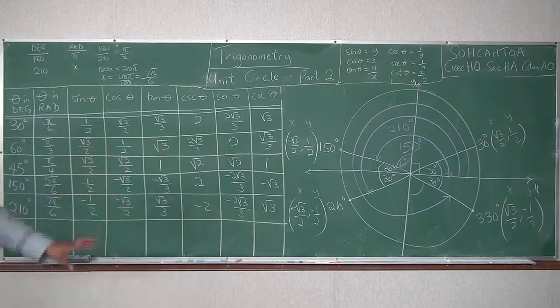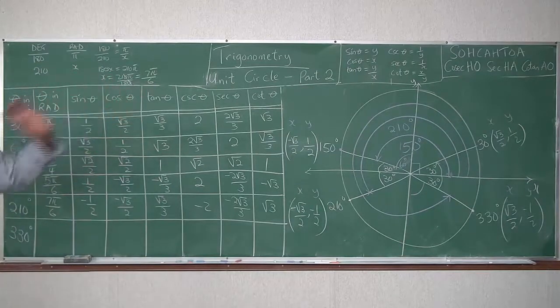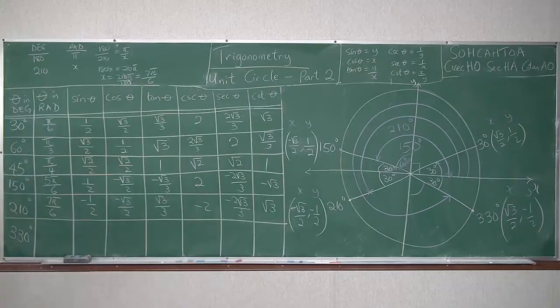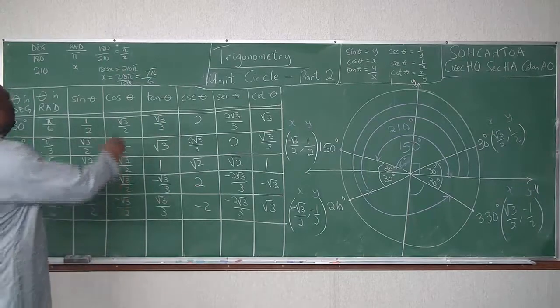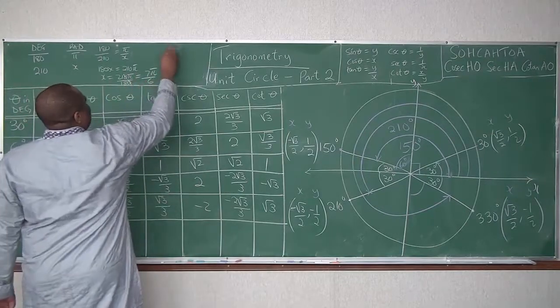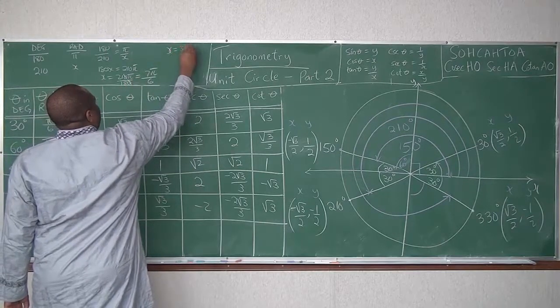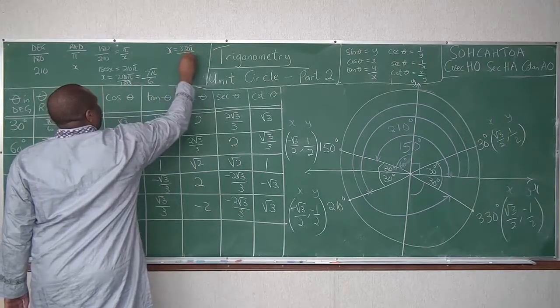Then the next one, let's do this one before we do part 3, so this video will not be long. 330 degrees. What is the conversion to radians? Here we can just say that x is 330 pi over 180.